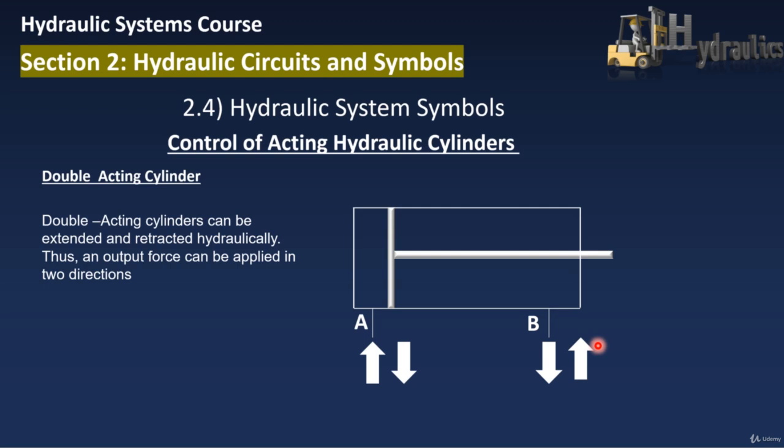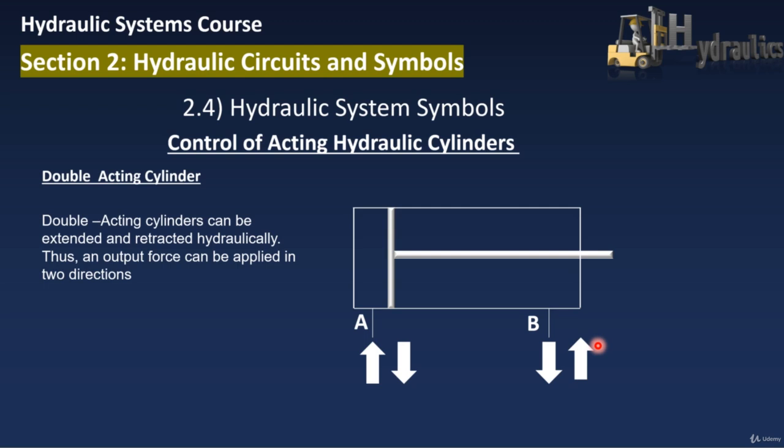In a single acting cylinder, the extension stroke is done by hydraulic fluid and the retraction is done normally by gravity or by spring. A double acting cylinder can be extended or retracted hydraulically.